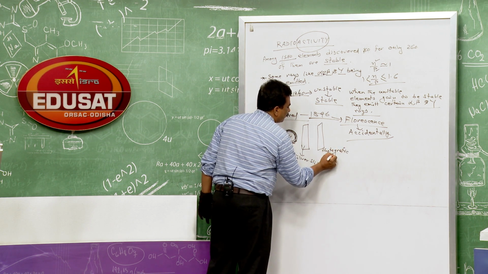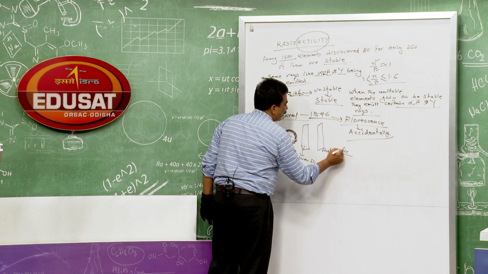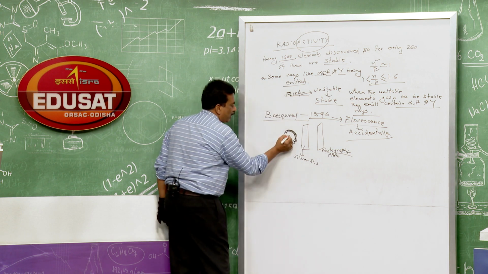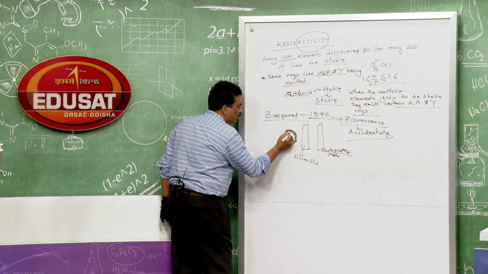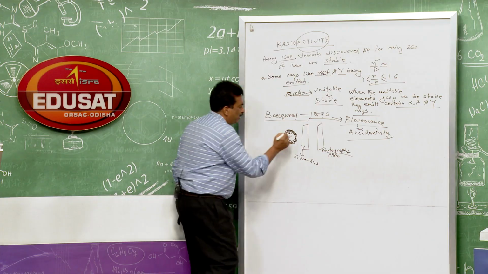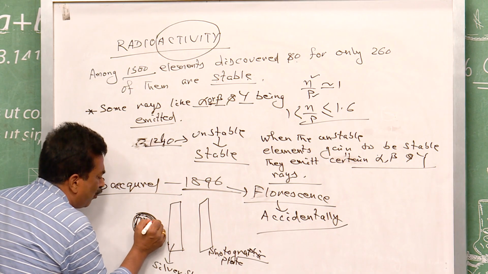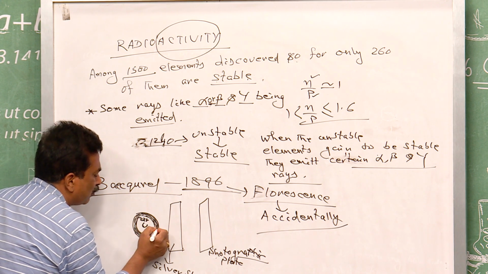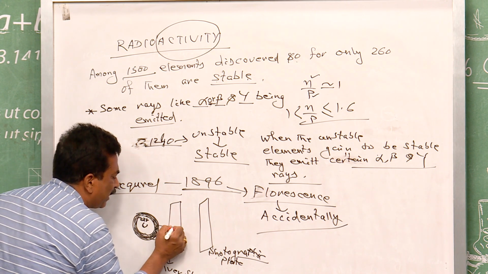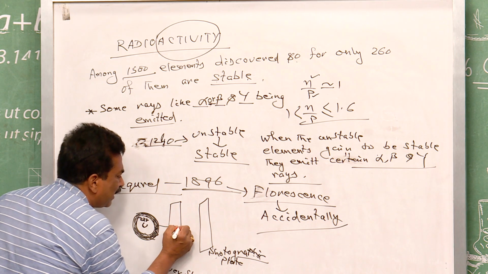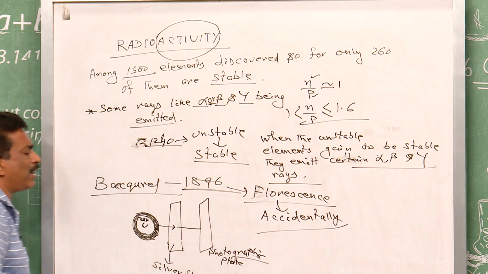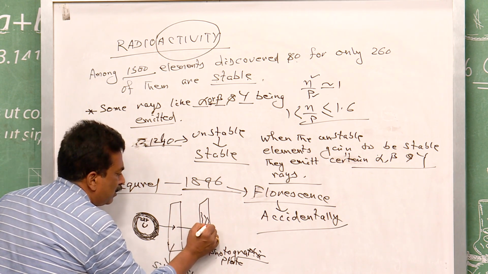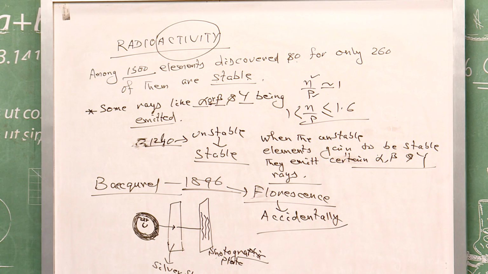It was observed that from the uranium 238, some rays pass through the black paper and penetrate through it. After the penetration, they reach the photographic plate, and in that photographic plate, some black spots were formed.